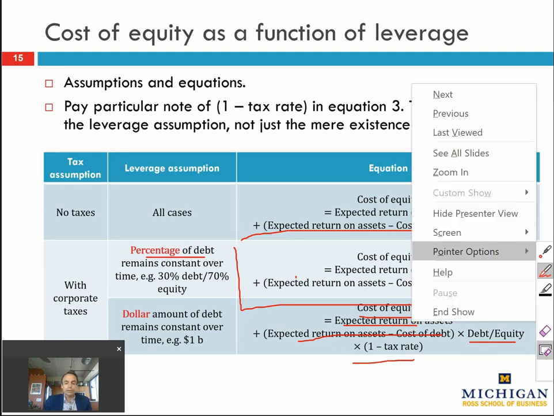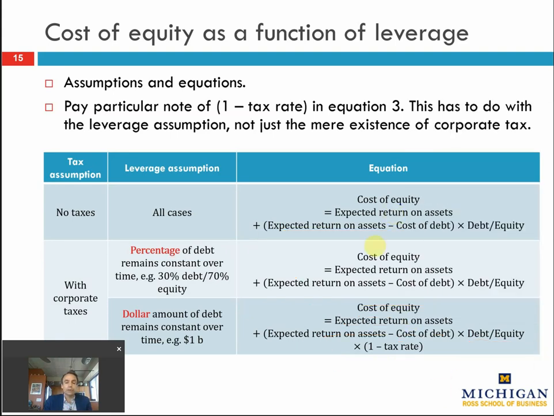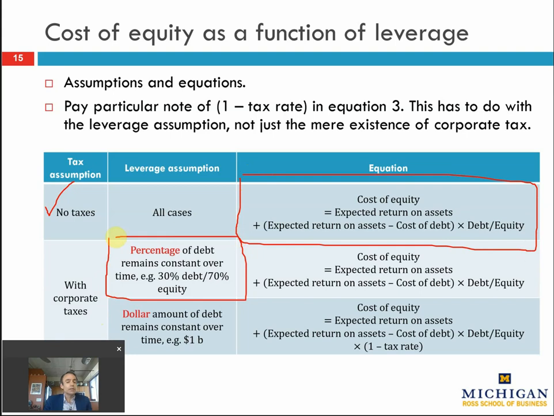So in aggregate, when you're thinking about how leverage affects the cost of equity, in our perfect capital market, where we had no taxes, you've got this equation in the top right-hand corner. In our market with corporate taxes, in which the percentage of debt is assumed to remain constant over time, you have the same equation on the right-hand side. Cost of equity is expected return on assets plus expected return on assets minus cost of debt times the debt to equity ratio.